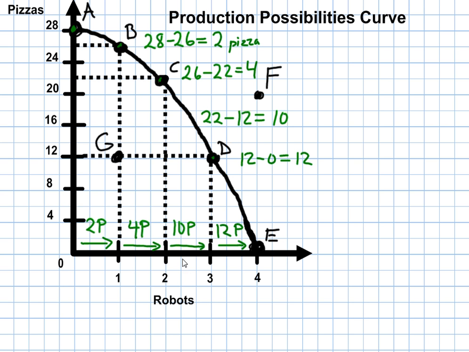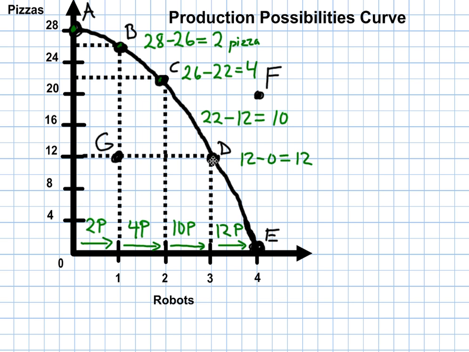We keep on going, right? If we want a third robot, now the most we can get is 12 pizzas, because we had been at 22 pizzas. 22 minus the 12, the sacrifice for the third robot is 10 pizzas. And then finally, if we want to make nothing but robots, then we can't have any pizza at all.